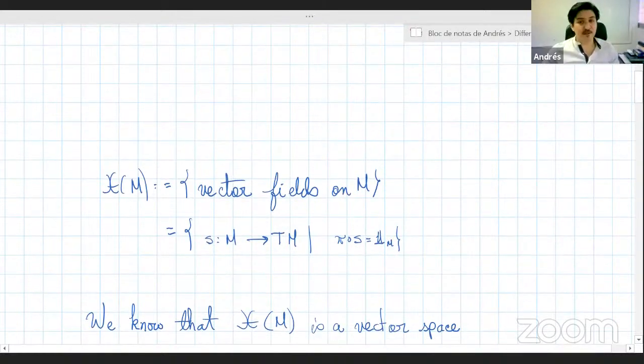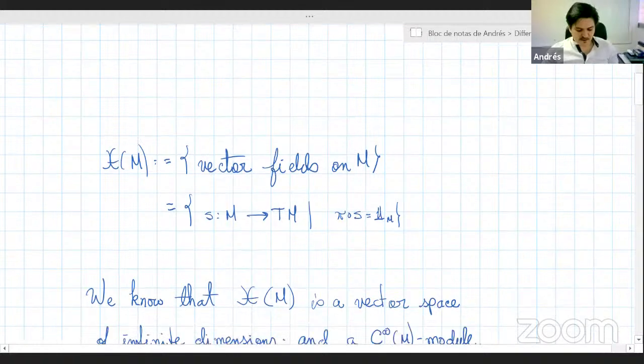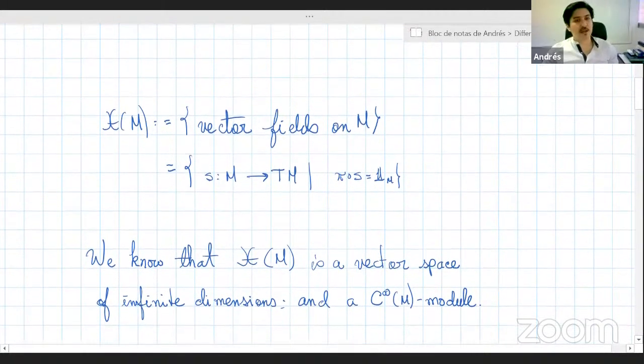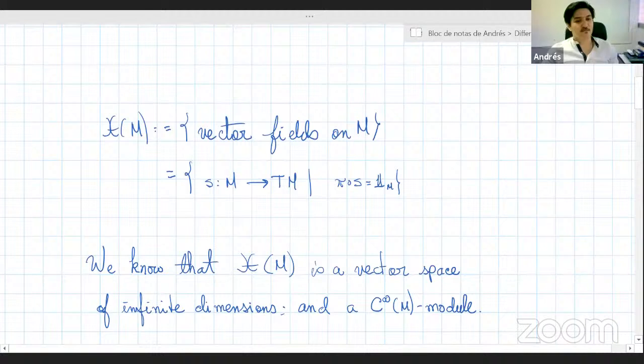So this is a vector space over the reals, and it is an infinite dimensional vector space. Moreover, we have seen that we can multiply a vector field by a smooth function. So in fact, this set is a module over the ring of smooth functions.